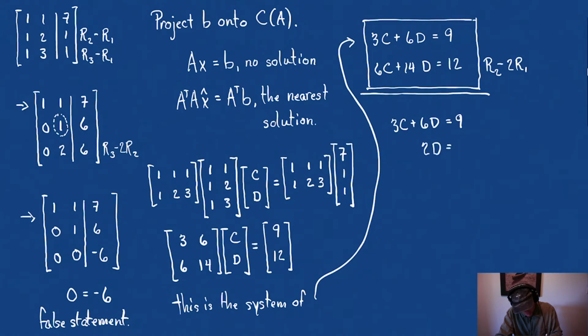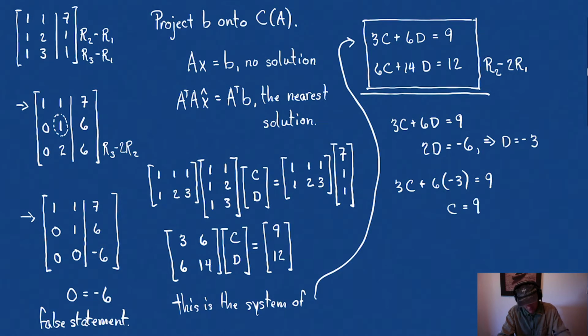And then 12 minus 18 is minus 6. And so we can say d is minus 3. And what else do we have? So this says that 3c plus 6 times negative 3 equals 9. Well, this just says then that c is 9. I mean, you take 18, put it to the other side, add it to 9, it's 27 divided by 3, that's 9. And there we have it, we're done.